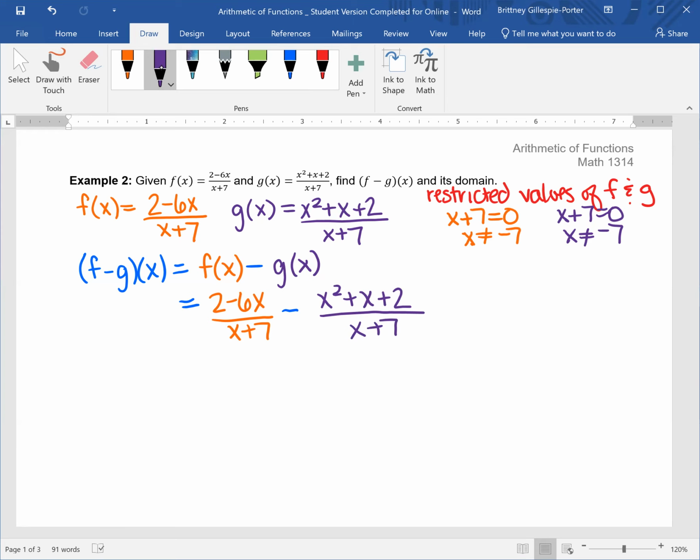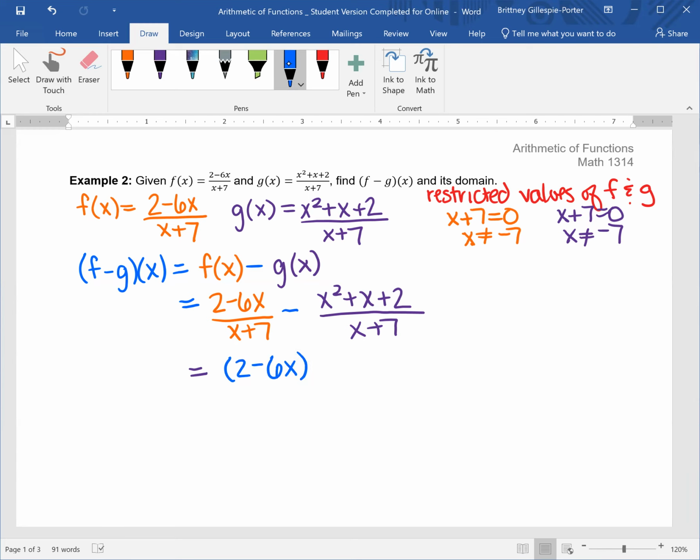Okay. Whenever you add or subtract fractions, you have to have common denominators. We got lucky. They already have common denominators, the x plus 7, which means that we can combine these by adding or subtracting the numerators respectively. So I'm going to have 2 minus 6x, my f function.